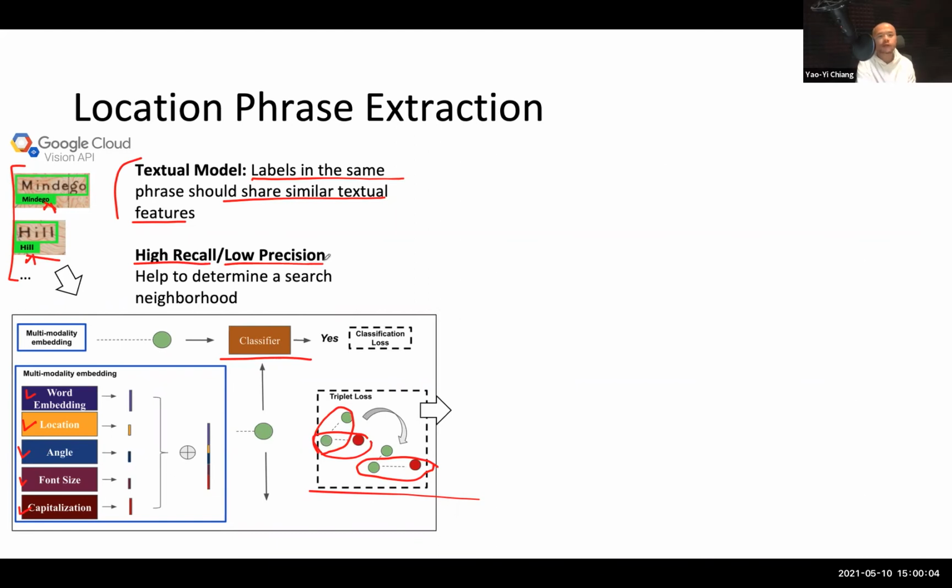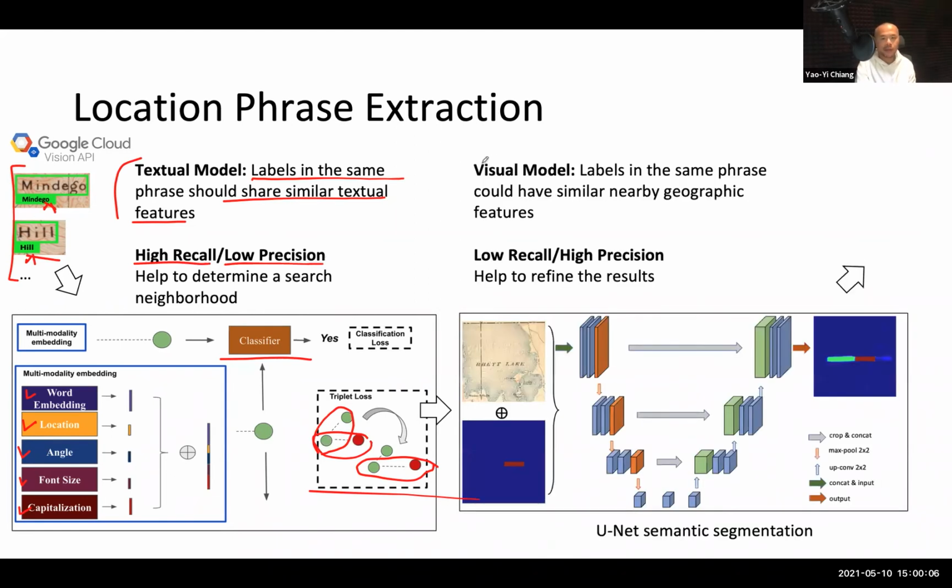So to improve this model, we have a second model in Map Curator. It's called the visual model. This model is very cool. It's based on the idea that labels in the same phrase should have similar nearby geographic features, right?